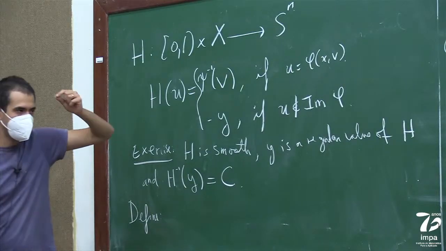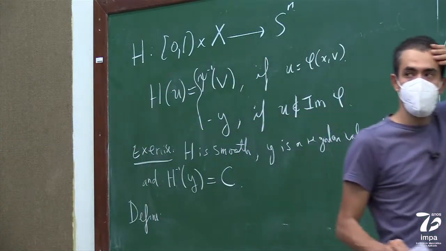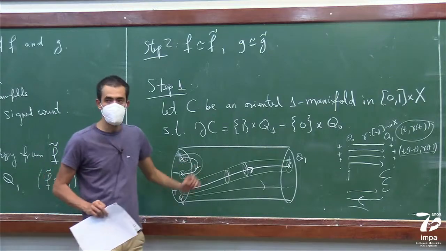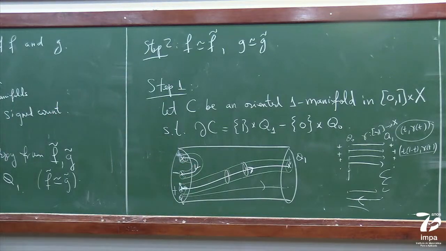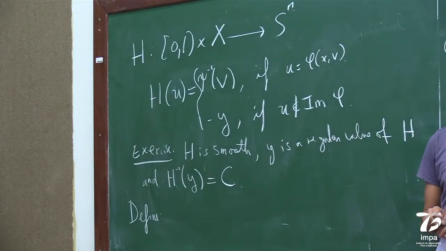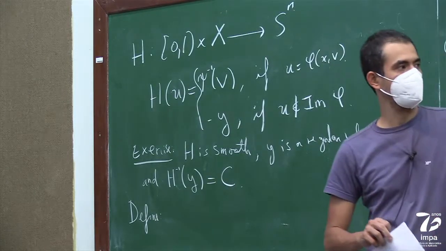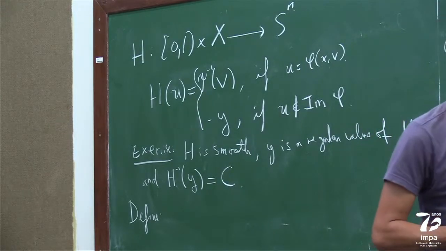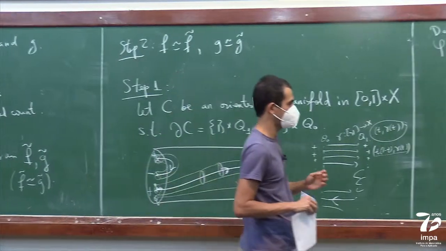Okay, so that's maybe a slight detail, but it's not so hard. Anyway, you can do the exercise. Showing that y is a regular value is very easy because the stereographic projection is a diffeomorphism.